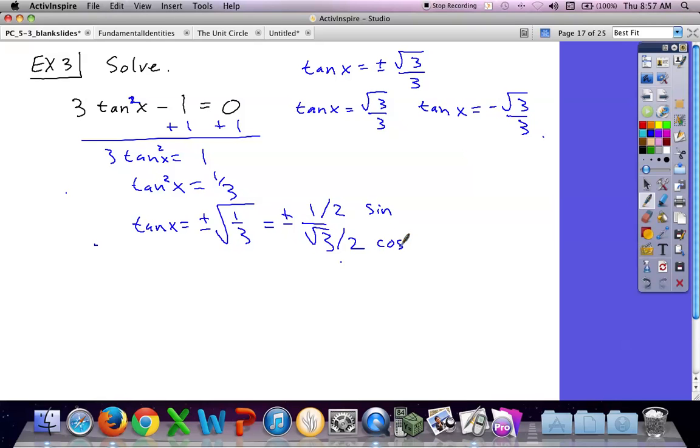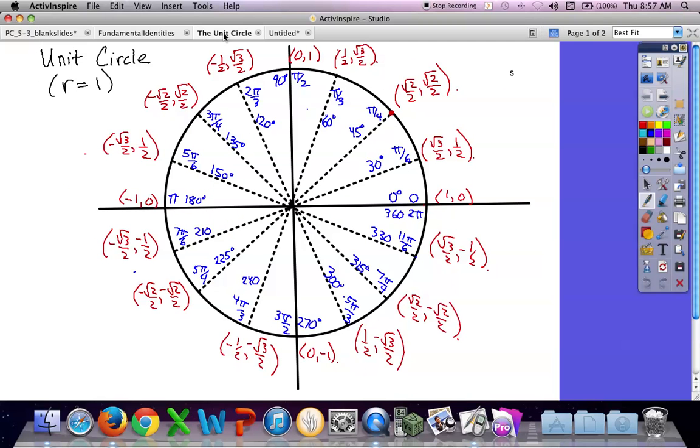And actually, because it's plus or minus in all the different combinations, right? Looking at the unit circle, here the sine is 1/2 and the cosine is root 3 over 2. So that would definitely be a place, pi over 6, right?